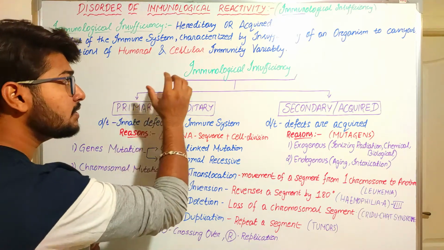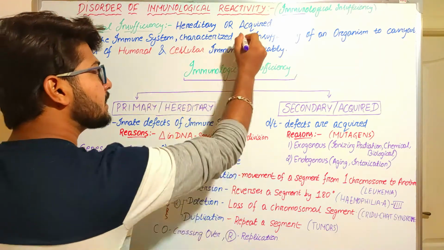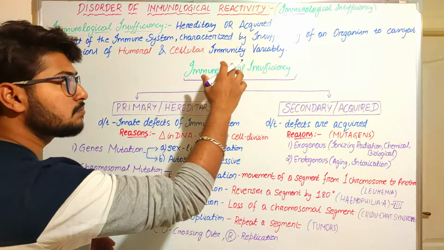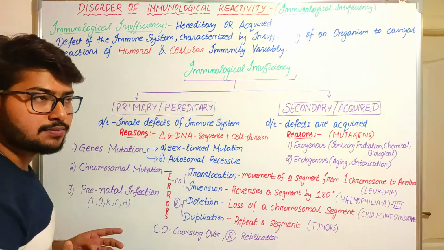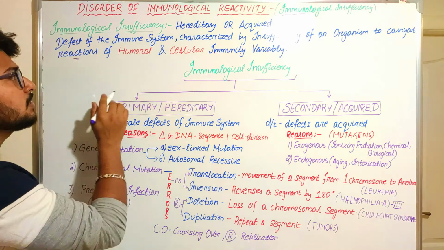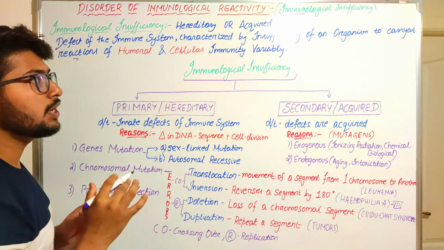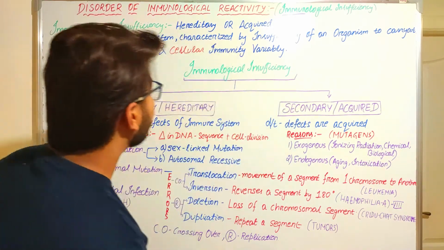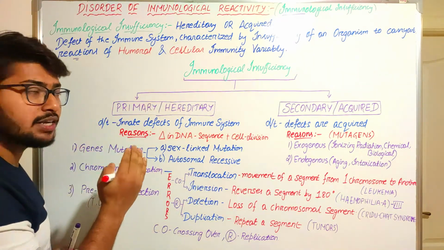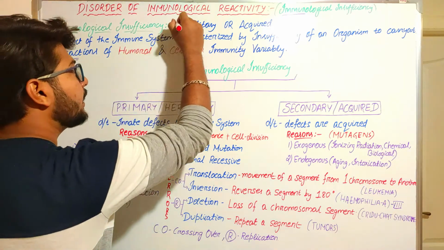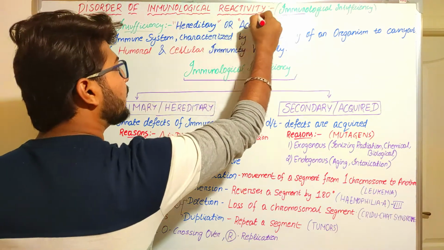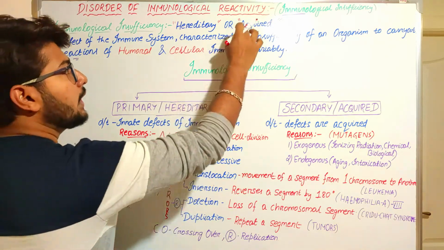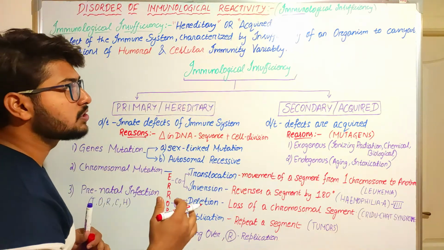It is a hereditary or acquired defect of the immune system that is characterized by insufficiency of organisms to carry out the reaction of humoral and cellular immunity variably. Here the definition says that it is hereditary or it can be acquired. It means it is congenital before birth or it is acquired during the process of ontogenesis.